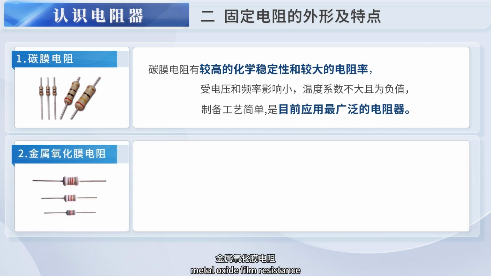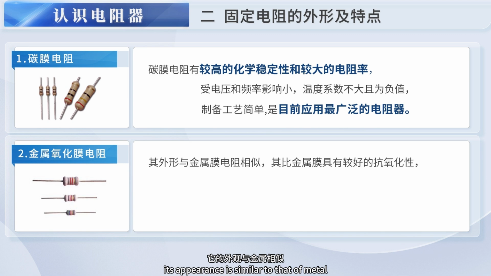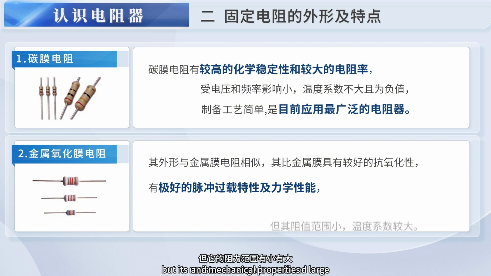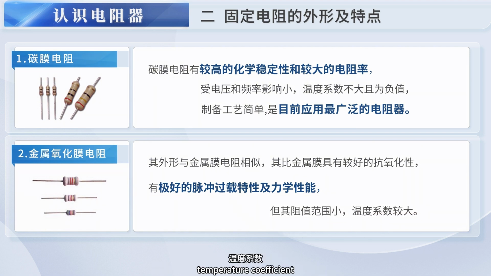Metal oxide film resistance. Its appearance is similar to that of metal. It has better oxidation resistance than metal film. It has excellent overload characteristics and mechanical properties, but its resistance range is small and its temperature coefficient is large.